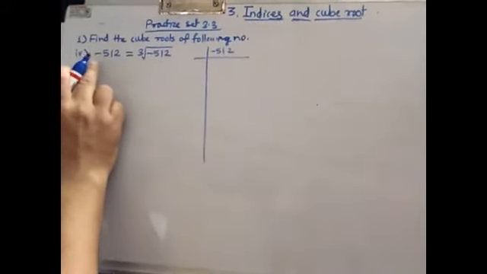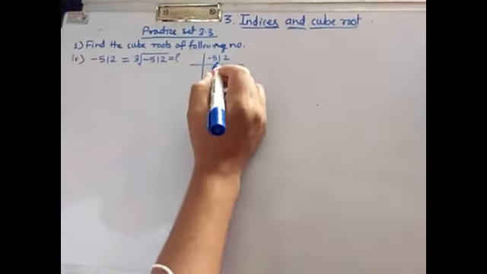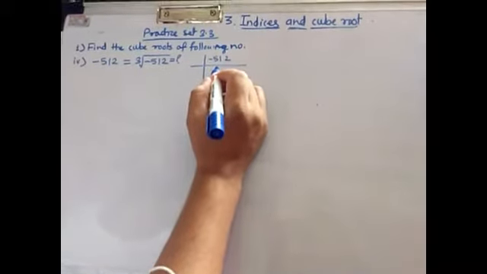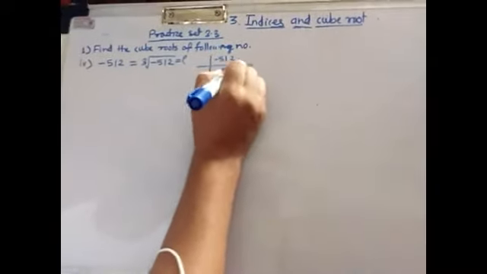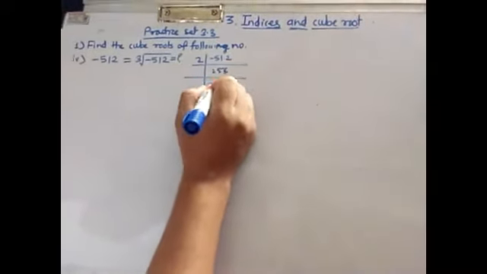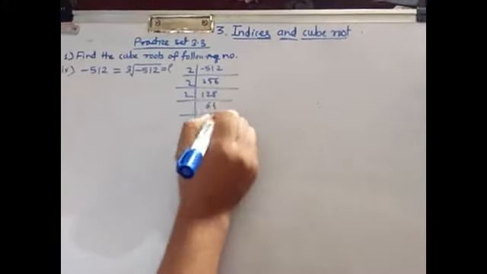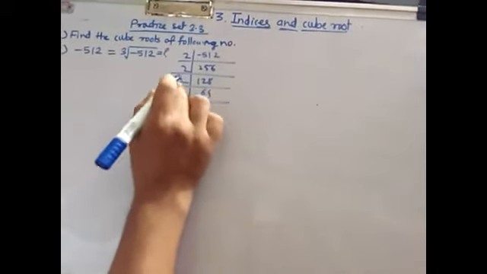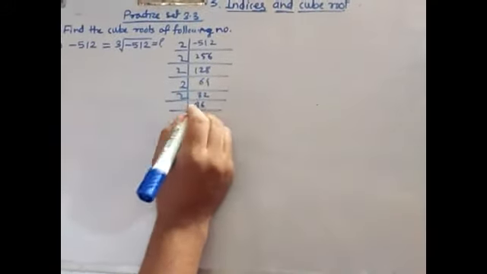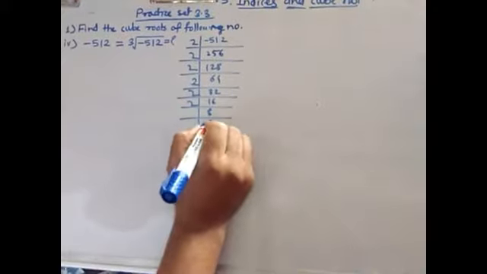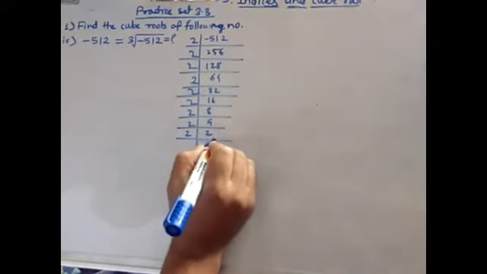Yes, next example is minus 512, we find the cube root of minus 512. So we divide that number by 2: 256 2s are 512, then 128 2s are 256, then 64 2s are 128, again 32 2s are 64, again 16 2s are 32, again 8 2s are 16, then 4 2s are 8, then 2 2s are 4, and 2 1s are 2.